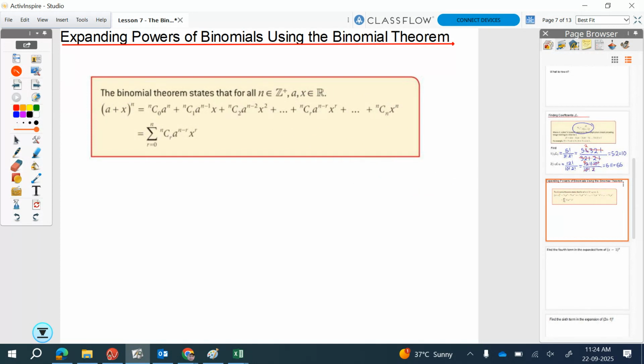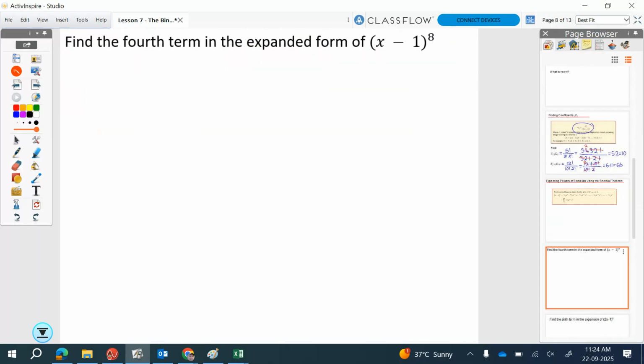Here we can see a very compact way of expanding that, and this is how we write it. We're going to learn to use that one a little bit now. So x plus negative 1 to the 8 is what we're after this time. We want the 4th term in the sequence. So what's the general term?